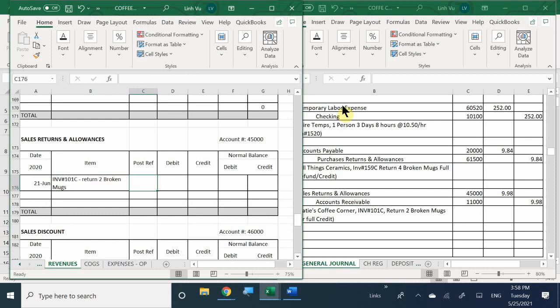Post reference GJ9 and debit for $9.98. And once again, this is another contra account to sales, so it needs to be on the debit side. Then you'll go over to accounts receivable.